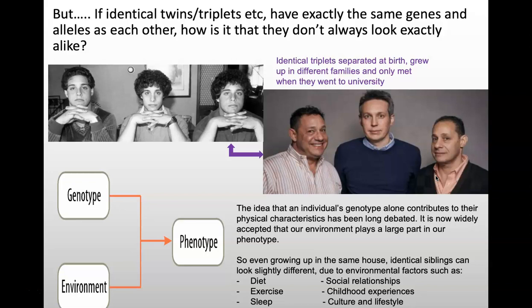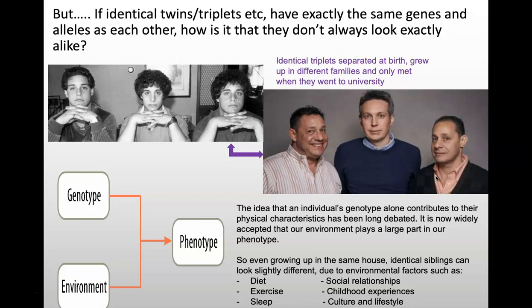Why is this? It used to be an idea that the individual's genotype, their genes, their DNA alone, contributed to the way they looked or how their physical characteristics played out. But now it's widely accepted that your environment also plays quite a large role in how your genes are expressed. So even growing up in the same house, identical twins or triplets can look slightly different due to environmental factors.